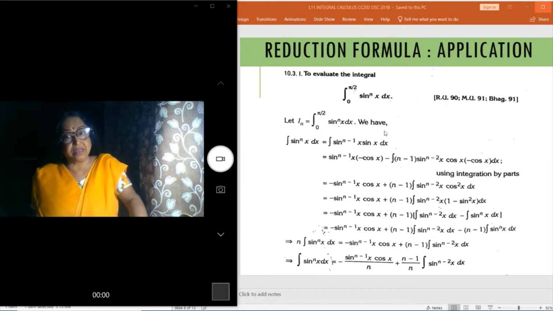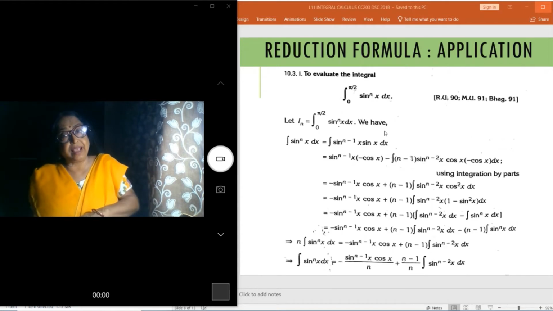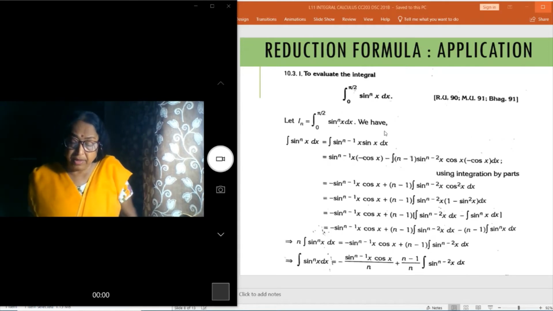I have discussed how to solve the integration by using integration by parts. Applying that rule, you find the value as we have done it here.